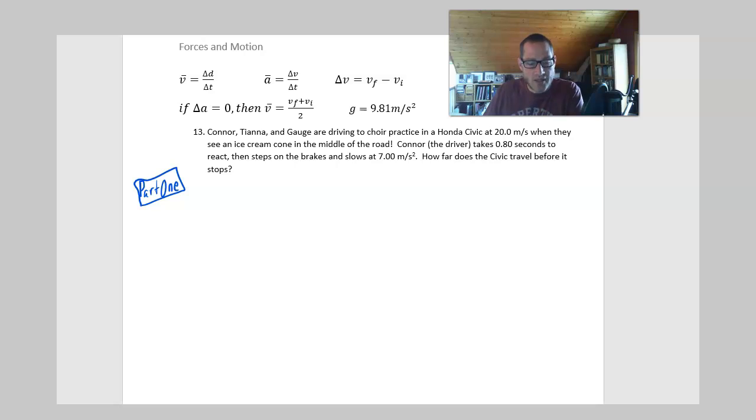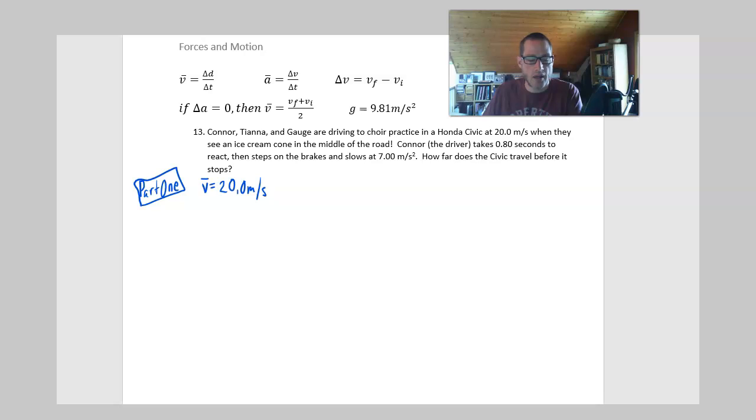Okay, part one. So, what kind of information is given for part one? Part one is this car is speeding at 20 meters per second. So that's actually the average speed. It's at 20.0 meters per second.